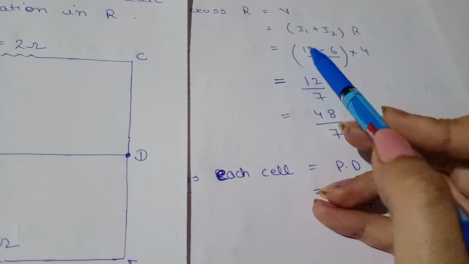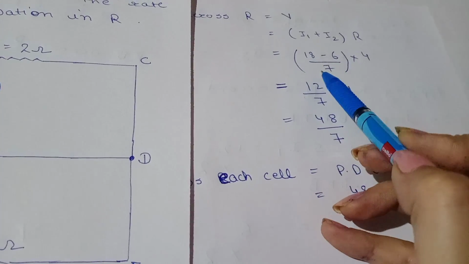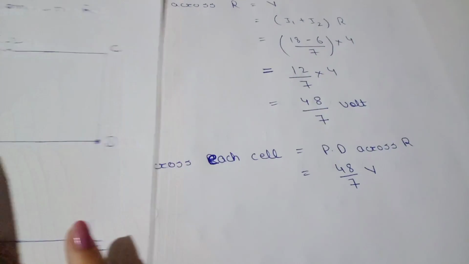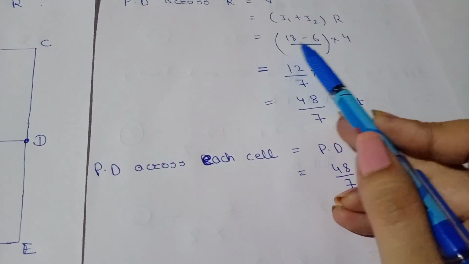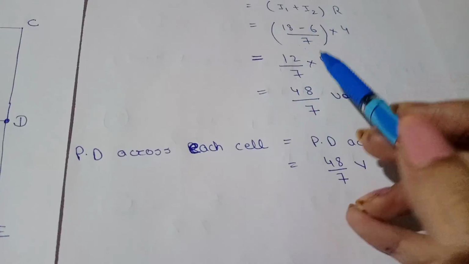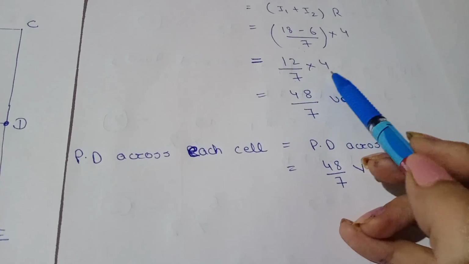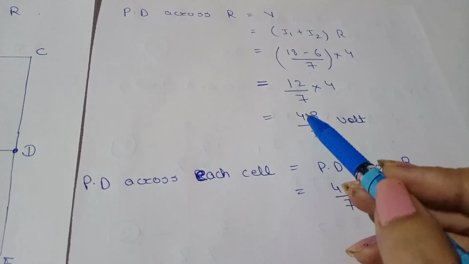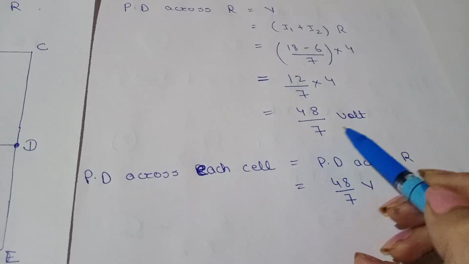Putting the value of I1 here, that is 18 by 7, and I2 here, that is minus 6 by 7. After solving, 18 minus 6 is equal to 12 upon 7 into 4. After multiplying, I get potential difference across R is 48 by 7 volt.